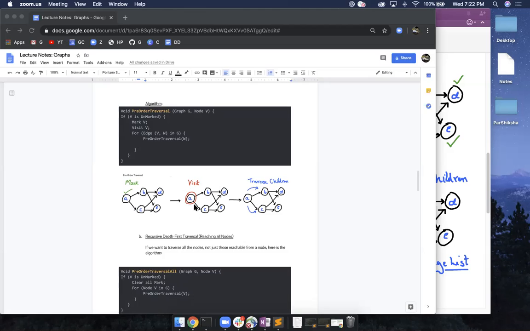And what this guarantees is that for every node, you will be able to visit that particular node and you will be able to visit all its children, right? So those are two invariants that it will guarantee. And another invariant it will guarantee is that you will not visit the same node more than once, right? So three invariants. The first is that you will be able to visit that particular node, you will be able to visit all its children, and you will be able to ensure that you don't visit the same node multiple times.